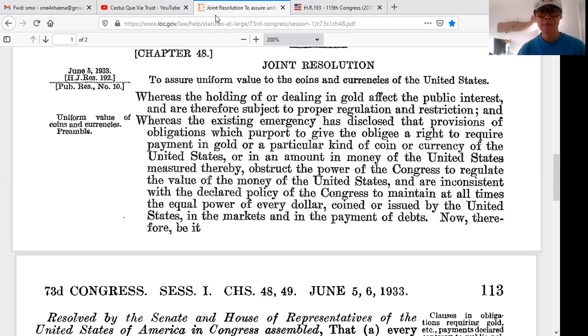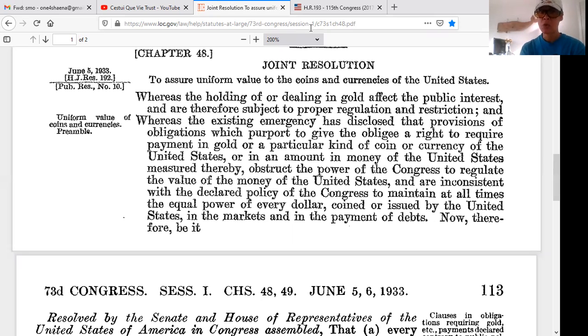At the same time, I felt it's important to identify that at this point in time, it is now available on www.loc.gov/law, and then /help/law/74/73rd Congress session. And I will put a link in the video description regarding this.